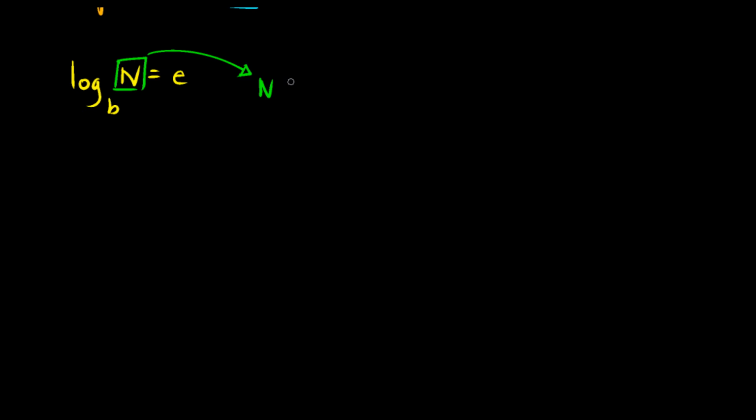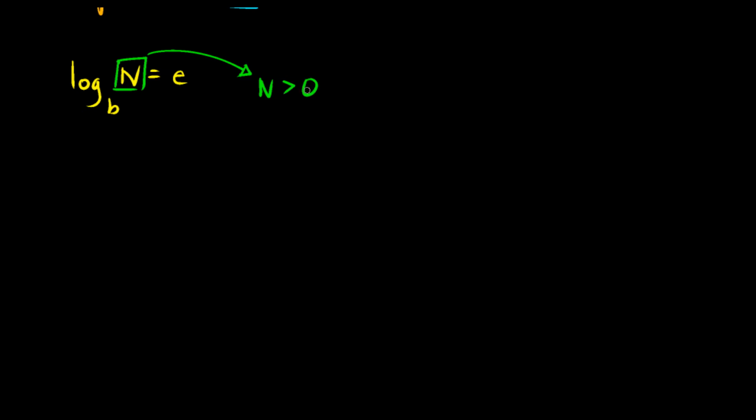One thing I did want to mention with the original statement that I had, log base b of n equals the exponent. That's just the basic form of a logarithm. There's a couple things I want to mention here. The n value, n has to be greater than 0.